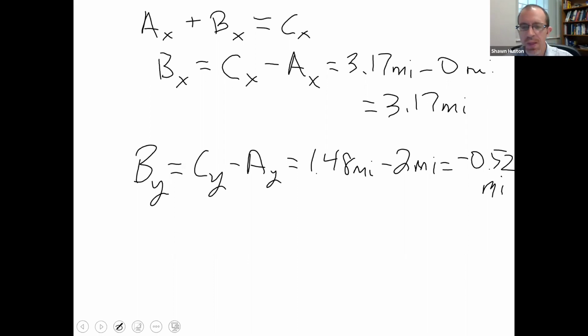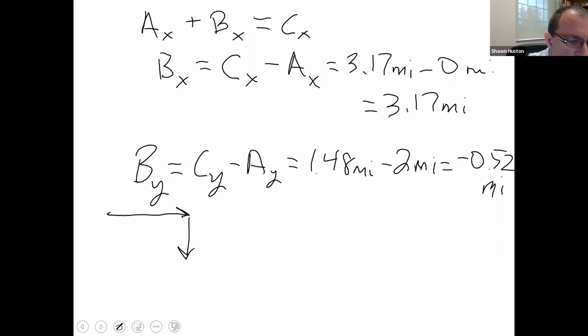Well, we figured out the x and y components of B, but what we would actually like to know is, well, I'm lost in the woods. How far do I actually need to walk? Because I'm not going to walk along the X direction and then walk along the Y direction if I don't have to. I'm going to take a straight line, right? So I need to go in the X direction, and then I need to go in the Y direction.